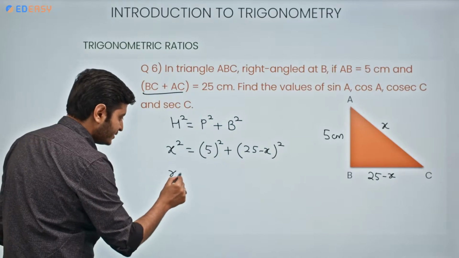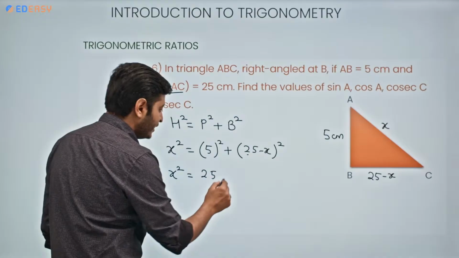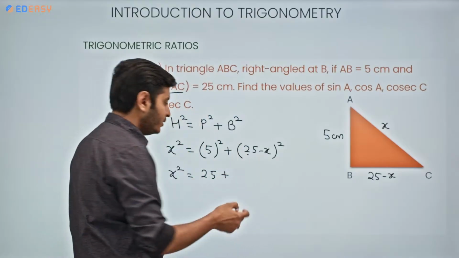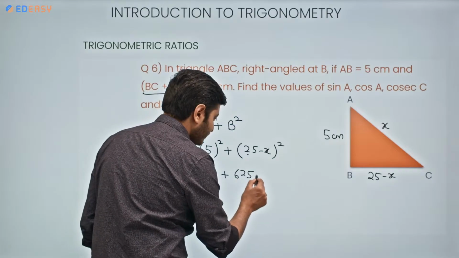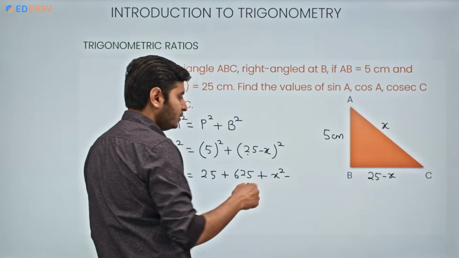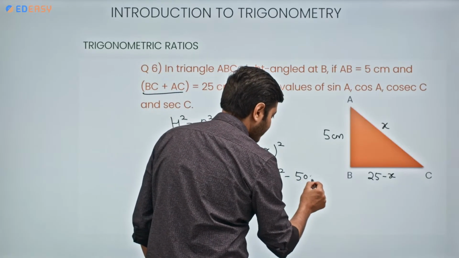X square as it is, 5 square 25. Here I can apply the identity a minus b whole square. So a square means 25 square, 625, plus b square means x square, and minus 2ab means 2 into 25, 50x.